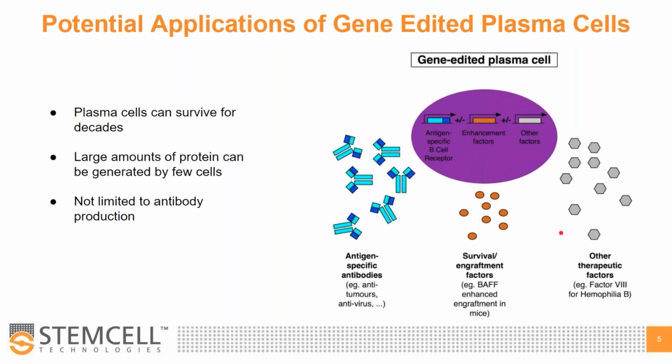Other therapeutic factors that B cells can secrete can include, for example, factor VIII for patients with hemophilia B. So all of these applications make these cells quite attractive targets for therapeutic applications.